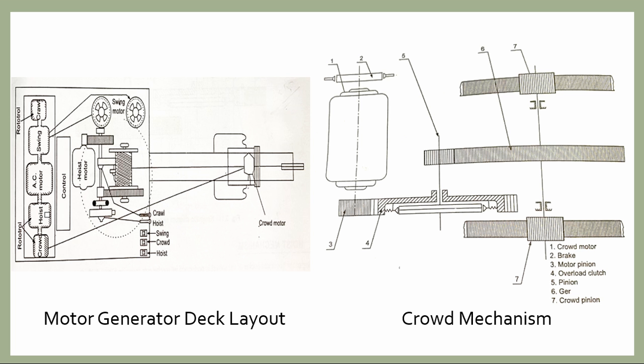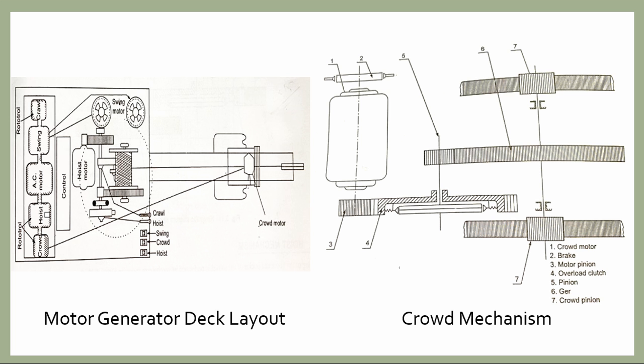The crowd generator supplies power to the crowd motor. The hoist generator supplies the hoist motor. The swinging generator supplies power to the swinging and the propel motor alternately, so when supplying to the swinging motor, the propel motor is cut off, and vice versa.